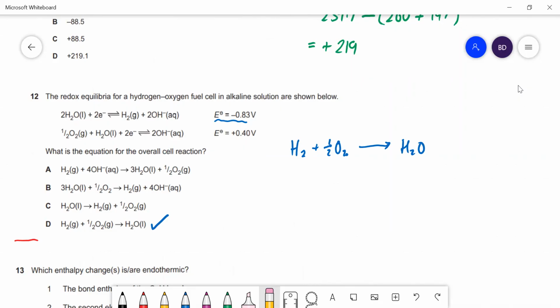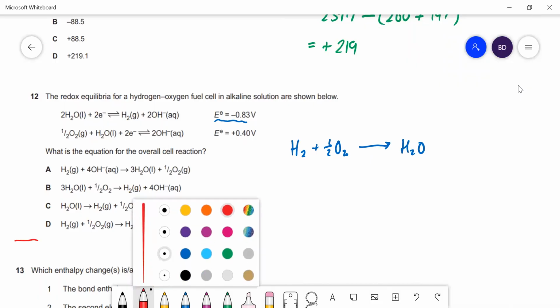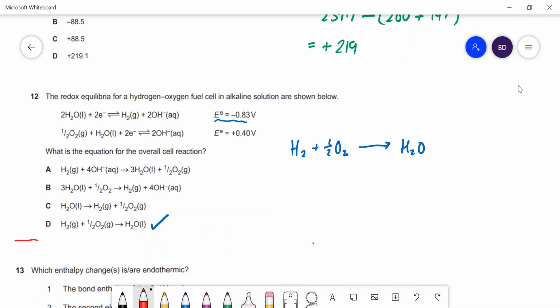If you really want to satisfy yourself that that's what's happening, the slow way of doing it is you can see that this one is the most positive, so that is going to be taking in electrons, so that means that's going to go forwards.